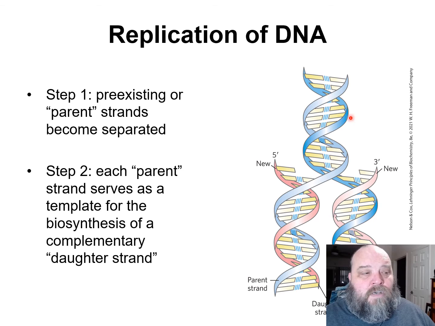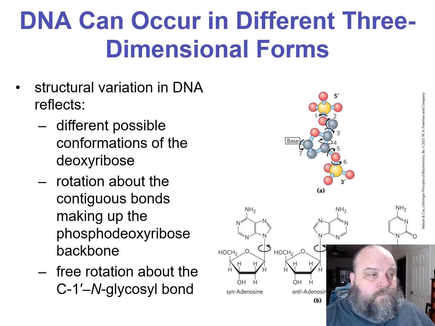Why is it semi-conservative? Well, because the blue, which was the original double helix, is now part of the two new double helixes. Makes sense. This one has no errors, no issues. Then the two new ones, which are based on this, will also not have any errors, will not have any issues.